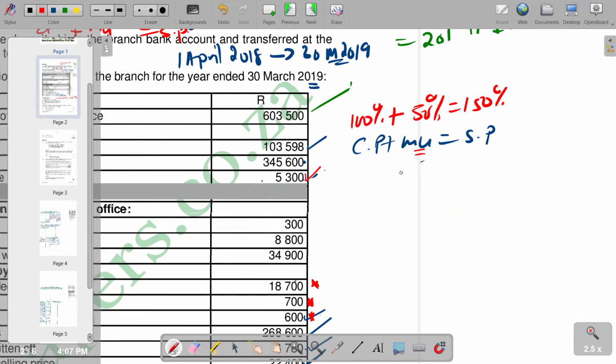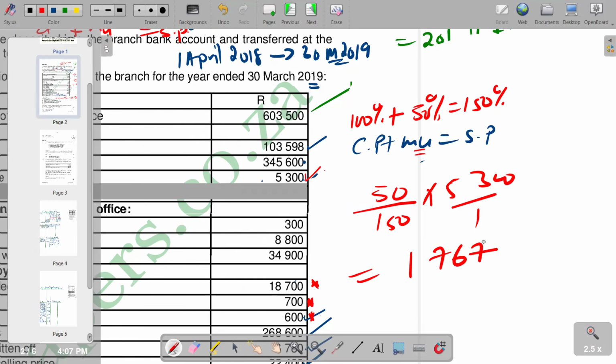We said we are going to say 50 over 150, and then we multiply by 5,300. Then we see what the markup amount is. The markup amount is going to be 1,767. So basically, this is what we have.